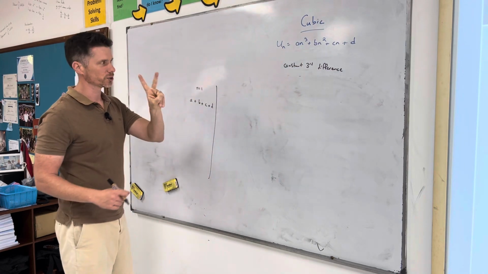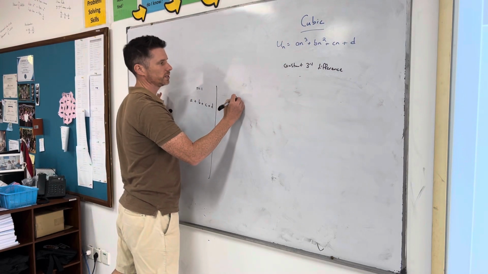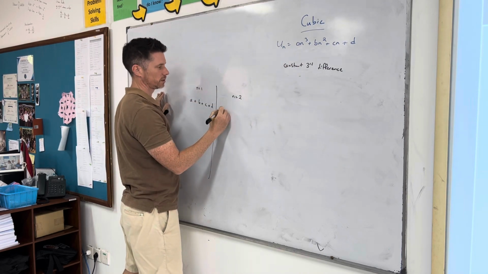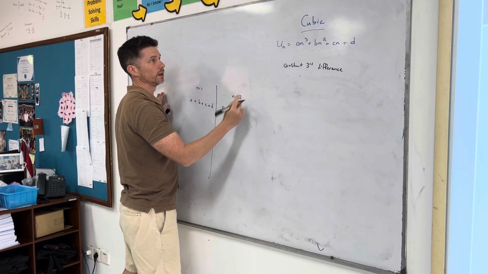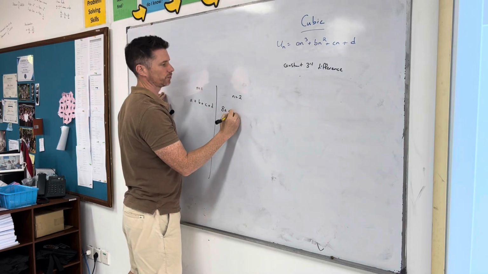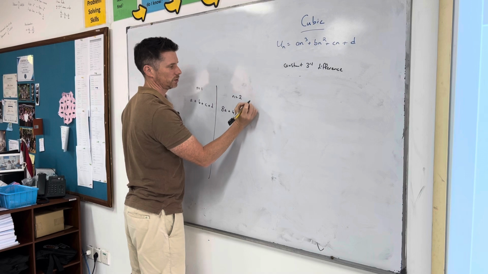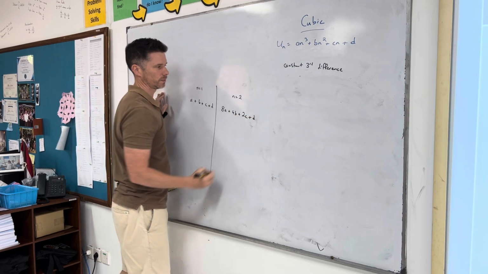The second term will sub in 2, always. So we get 2 cubed, which is 8a, 2 squared, which is 4b, 2c, plus d.